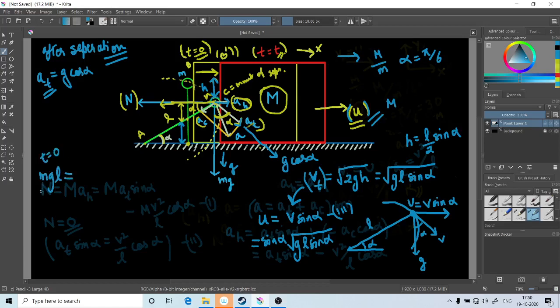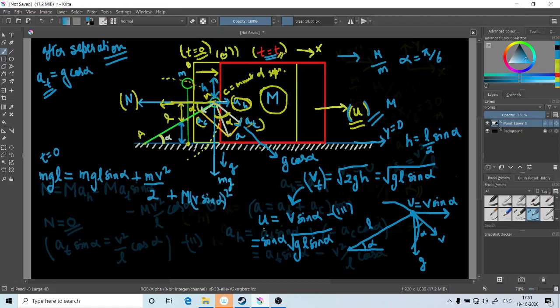At the initial position, the potential energy is mgl, equal to, at t equal to t, mgl sine alpha at a point when the ball falls on the floor, L sine alpha, plus the kinetic energy of the load m, mv square by 2, plus the kinetic energy of the load m, taking y equals 0 as the reference line, m v sine alpha whole square.